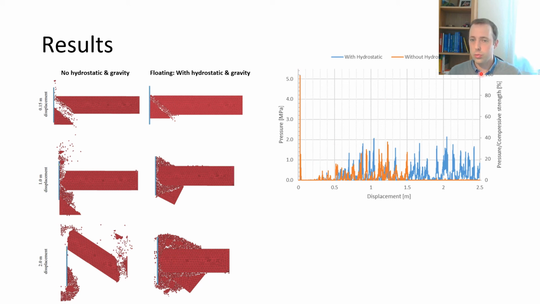We achieve pressures up to 100% of the compressive strength of the Mohr-Coulomb model. After that, you have an intermediate phase where no loads are transmitted due to the huge broken fragment. And after that, there starts this continuous crushing process. In this case, for the hydrostatic solution, the floating solution, you see that there are slightly higher forces.